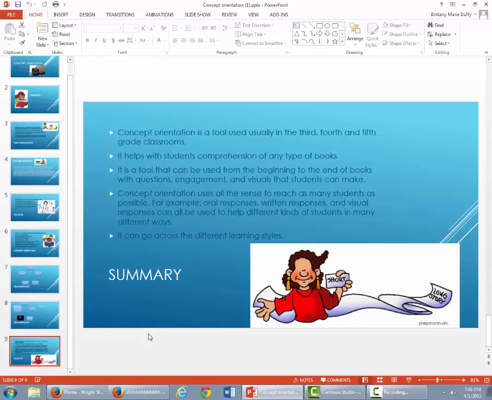So maybe if they write something down, then that helps them remember more. So they're writing summaries, they're writing questions and answers. Or maybe visuals help the student more to remember the book. So they're drawing, and they're drawing about what the book is about and important parts in the book. So it goes through many different senses to help as many students as possible.